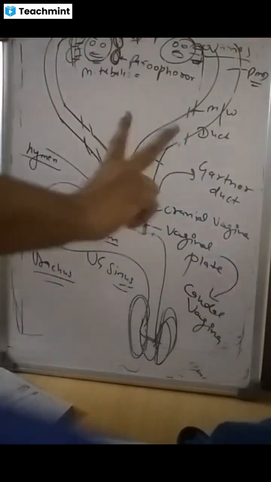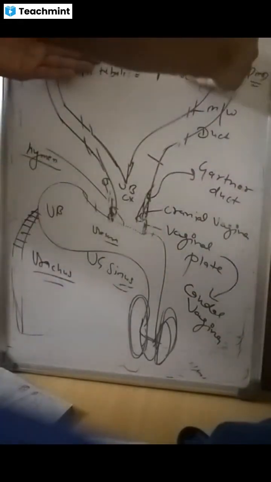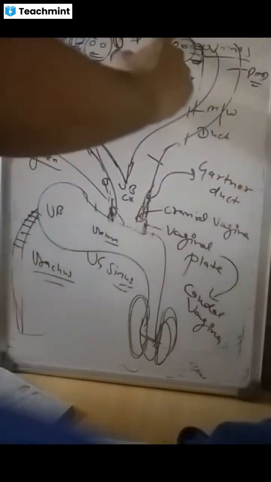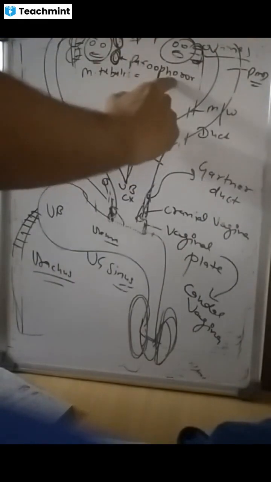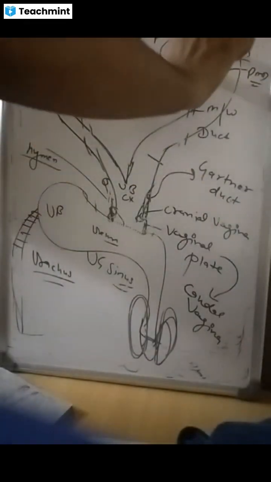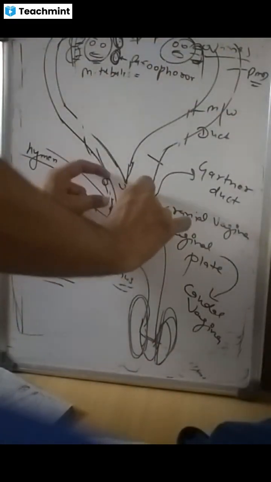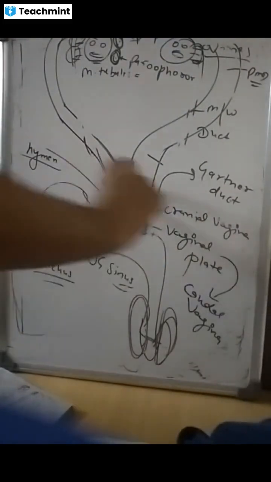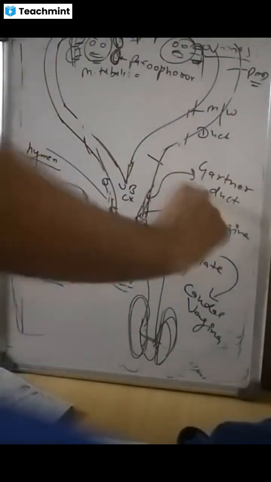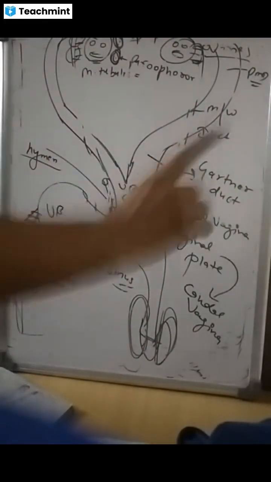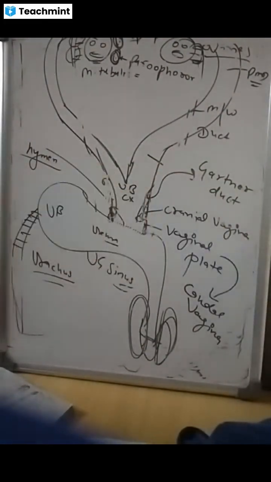So one at the cranial, one at the caudal. The cranial are the epoophoron and paroophoron that are from the mesonephric tubule. The part which is just at the end becomes Gartner's duct. So Gartner's ducts are the caudal part of the mesonephric duct.